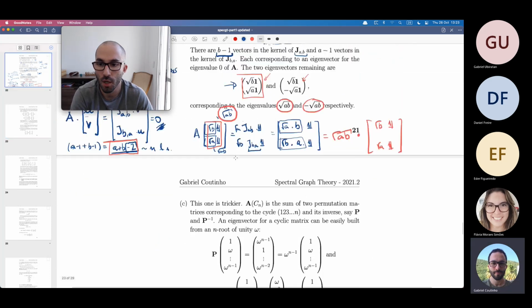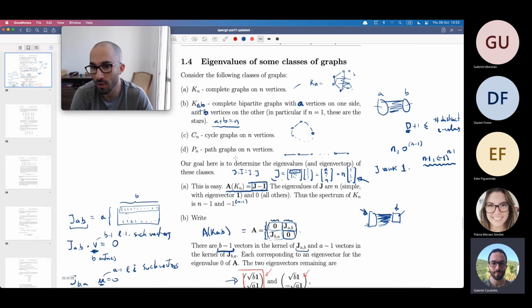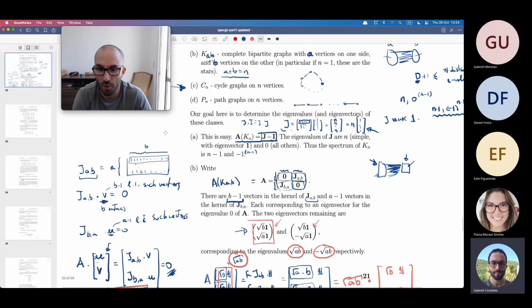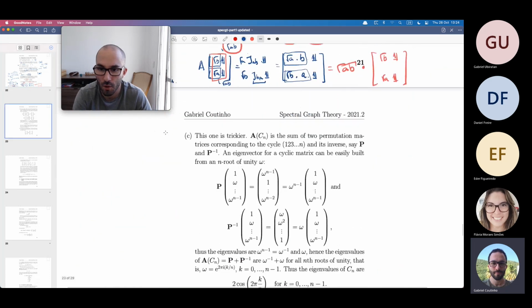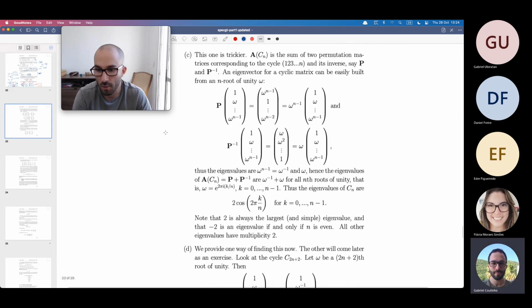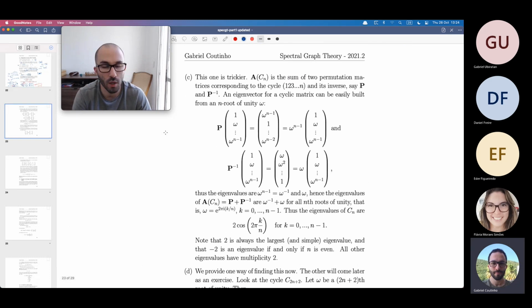Moving forward. Now I want to compute the eigenvalues and eigenvectors of this hypergraph. I will need to use complex numbers. Hopefully this is not going to be too complicated for you guys. But if this is too much, do not worry. It's not such a big deal if you do not follow this one.